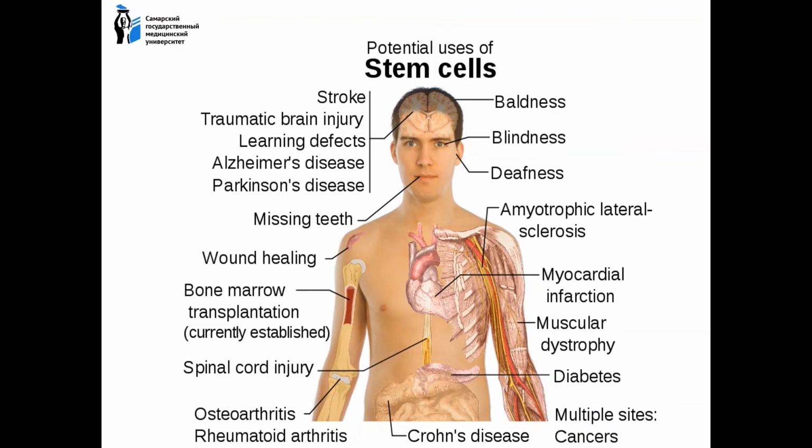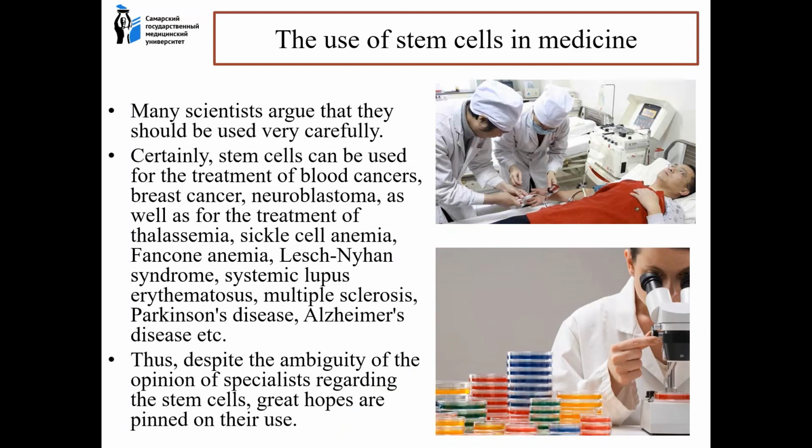Certainly, stem cells can be used for the treatment of blood cancers, breast cancer, neuroblastoma, as well as for the treatment of thalassemia, sickle cell anemia, Fanconi anemia, systemic lupus erythematosus, multiple sclerosis, Parkinson's disease, Alzheimer's disease, and so on.